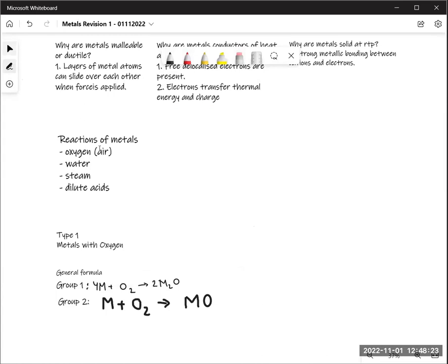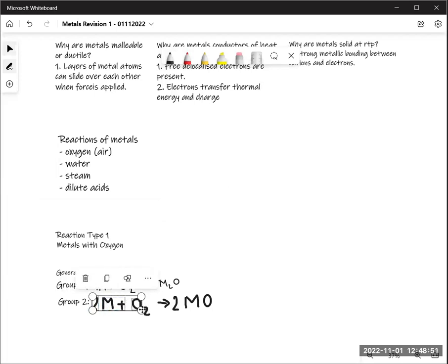Yeah, reaction type 1. So we have the first one, oxygen. Wait, aren't there 2 oxygens? It's not balanced. Now it's balanced. Okay. So always for group 2, it's going to be like this.